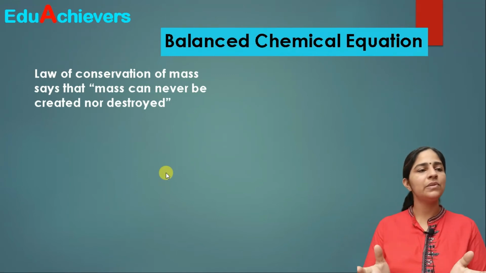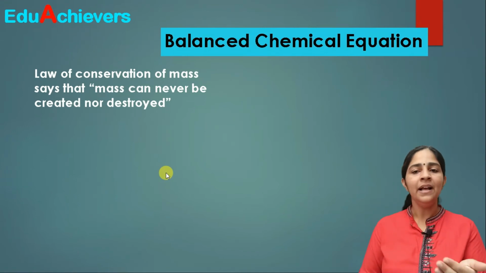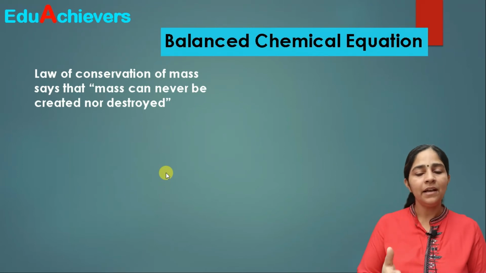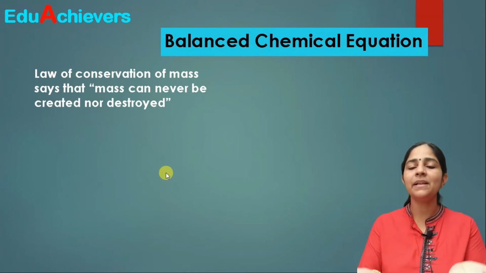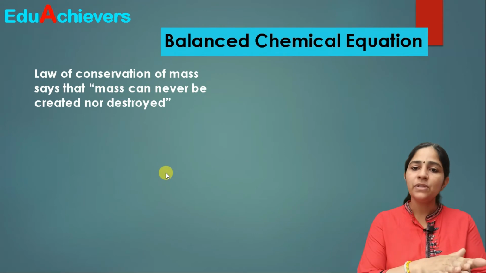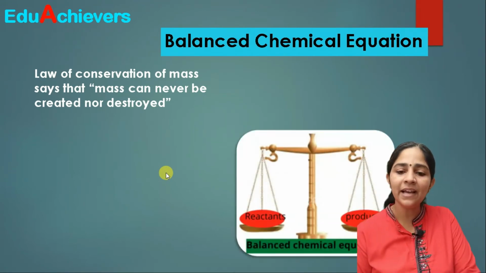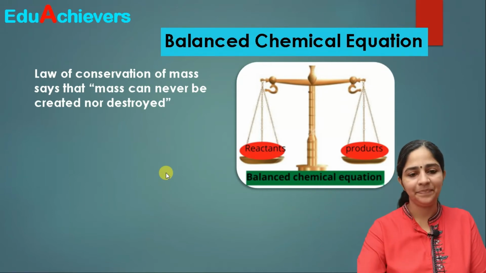So in nature, whatever activities are taking place, even in a chemical change, only new substances are forming, but their mass remains the same. For example, the mass of the reactants and the mass of the products will be the same. Like I have mentioned here, the reactants' mass and the products' mass should be the same.